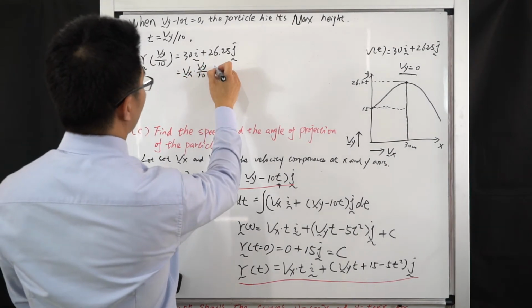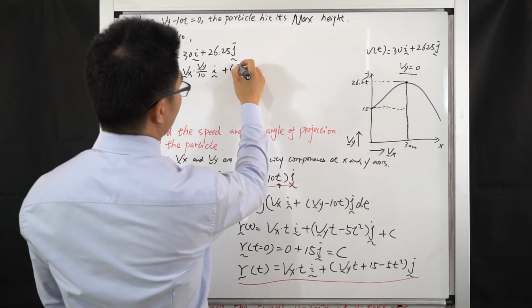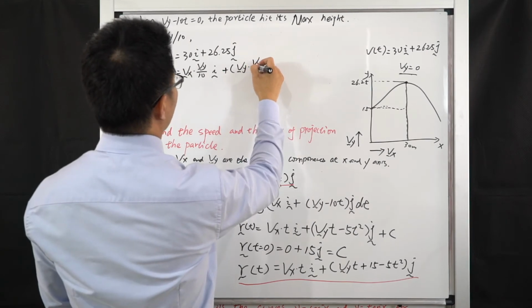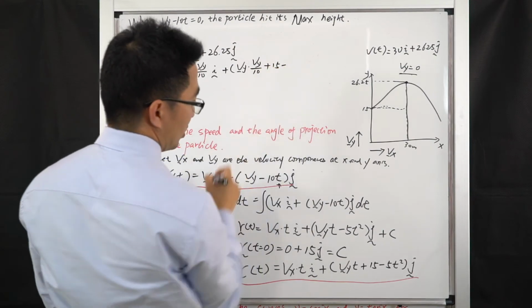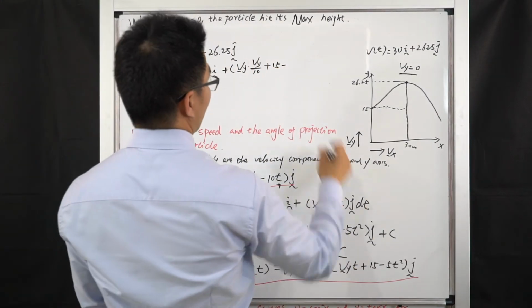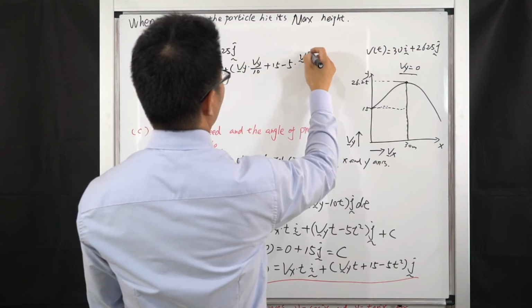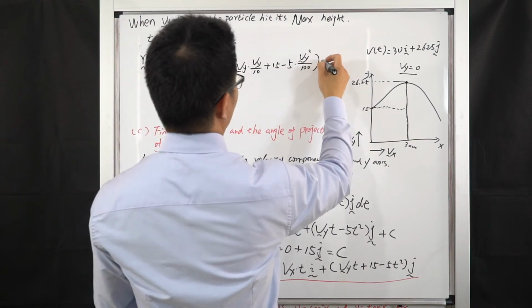So here's the i component. And then plus the j component would be Vy times t, Vy divided by 10, plus 15, and then minus 5t squared. 5 times t squared would be Vy squared divided by 100. Okay, so here is the j component.